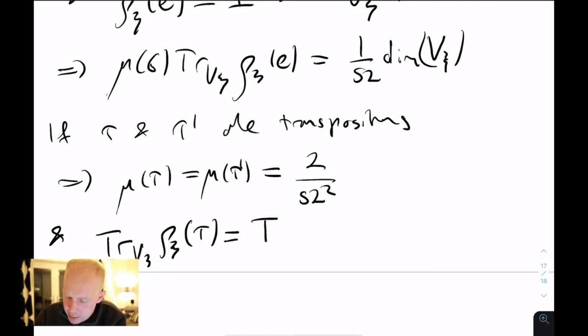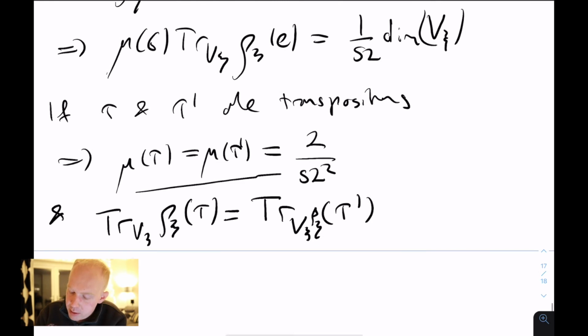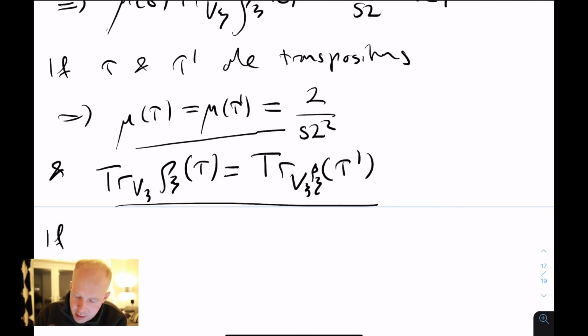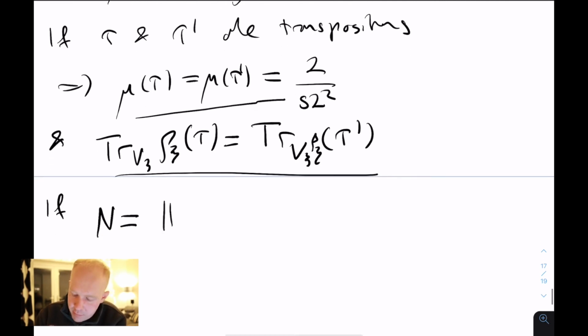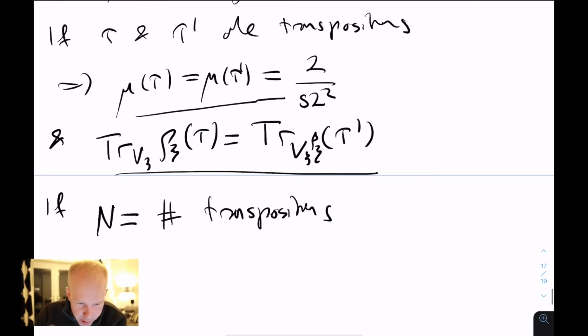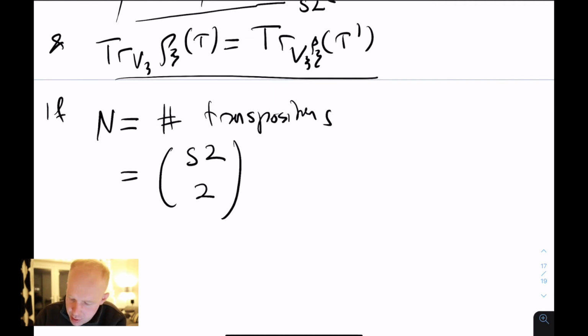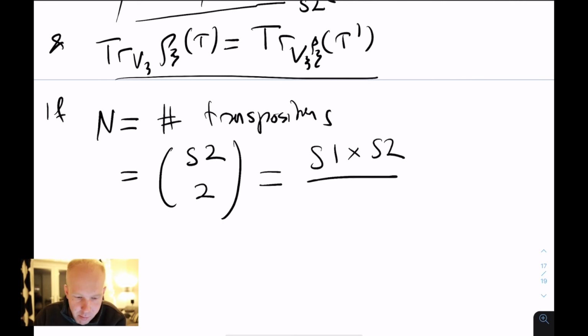So we have this and that being the same numbers. If n is the number of transpositions, I can then compute this. You have 52 cards and two possible choices, so it's 52 choose 2, which is 51 times 52 over 2. That's by computing the transpositions.